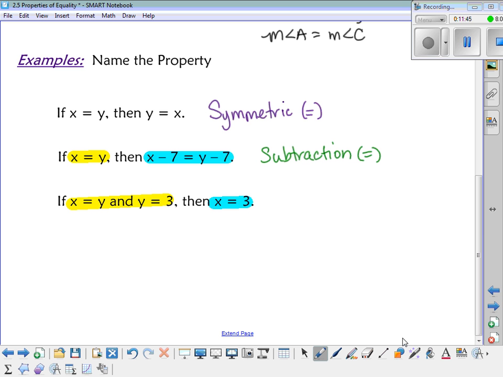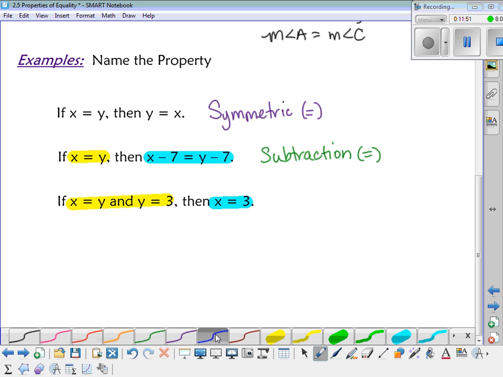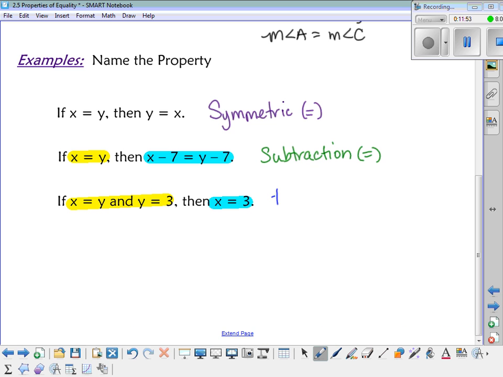Which property did they use? Well, we took out the middleman, or we've got a train, or however you want to think of it. It's the transitive property. Transitive property of equality.